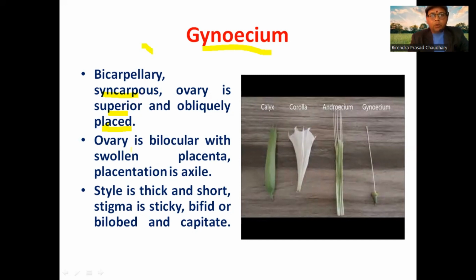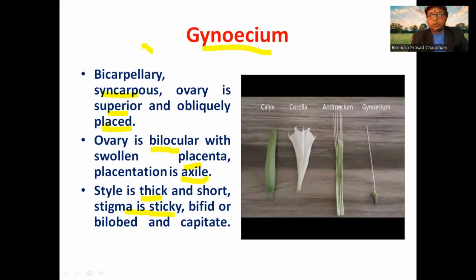Ovary is bilocular. Ovary contains two locules. Bilocular with swollen placentation. Placentation is axial. From the central part, the ovules arise, and the style is thick, and the short stigma is sticky.